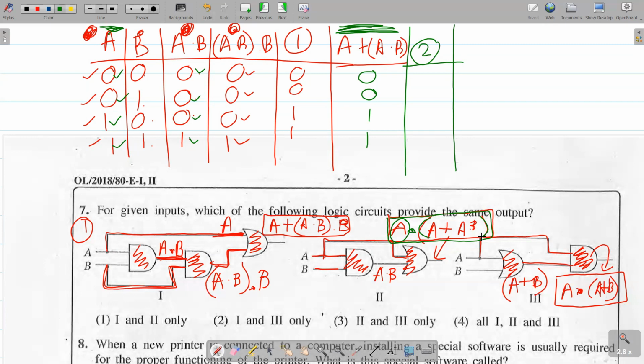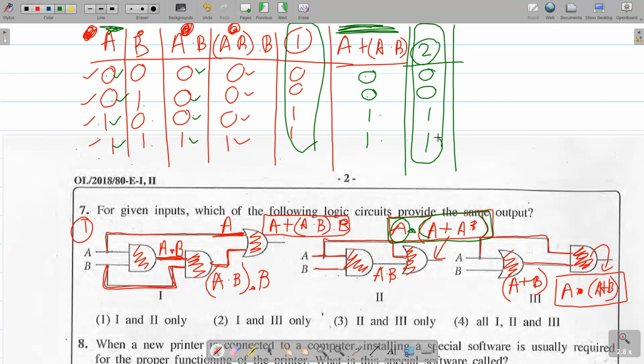And those things will be multiplied, the A and the A plus A dot B. So again, 0 and 0 going to give you 0, 0 and 0 going to give you 0, 1 and 1 going to give you a 1, 1 and 1 going to give you a 1. Right, so it seems the first and the second are identical.